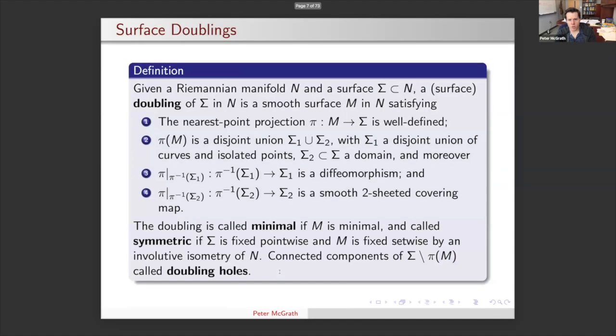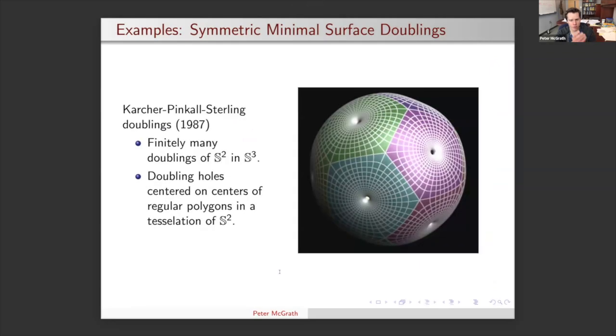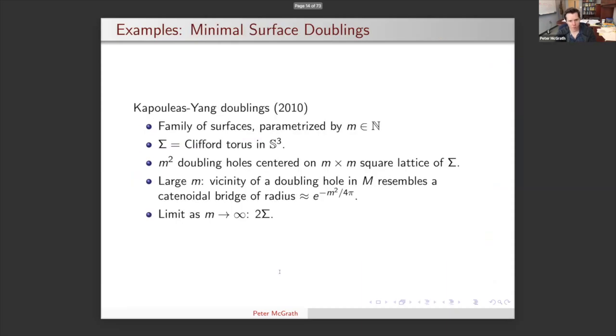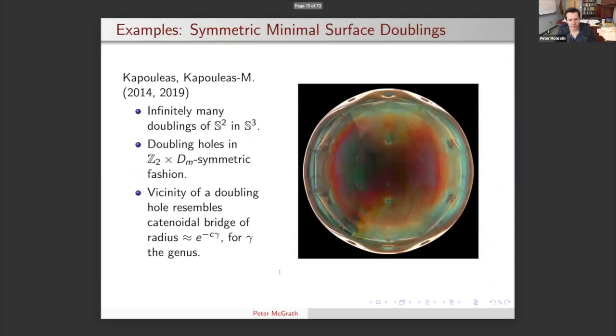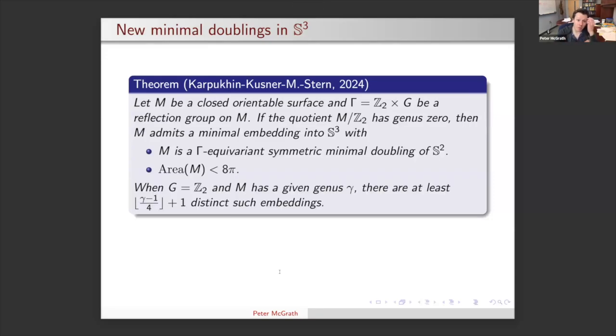So of course, a major open question is whether there are continuous families of embedded minimal surfaces. So we obviously don't go anywhere towards answering that question, but at least in a much more specific regime, you could try to ask more about the space of doublings of the two-sphere in S3.